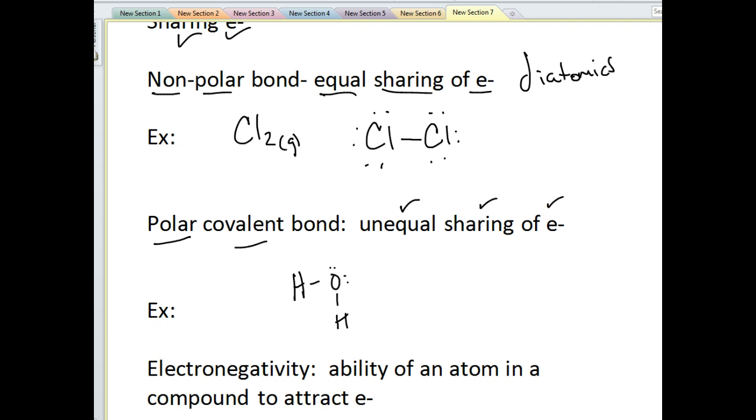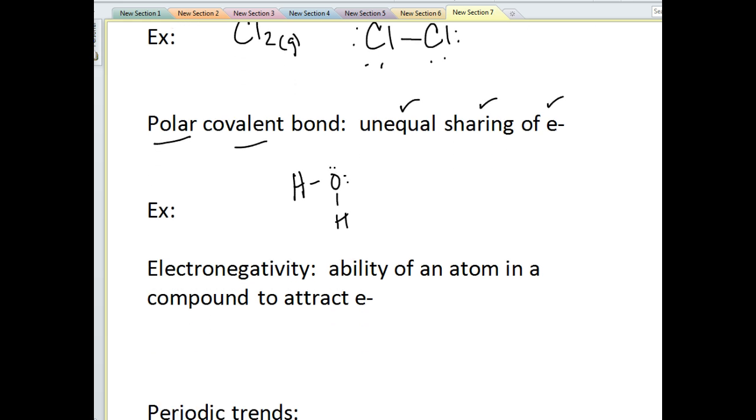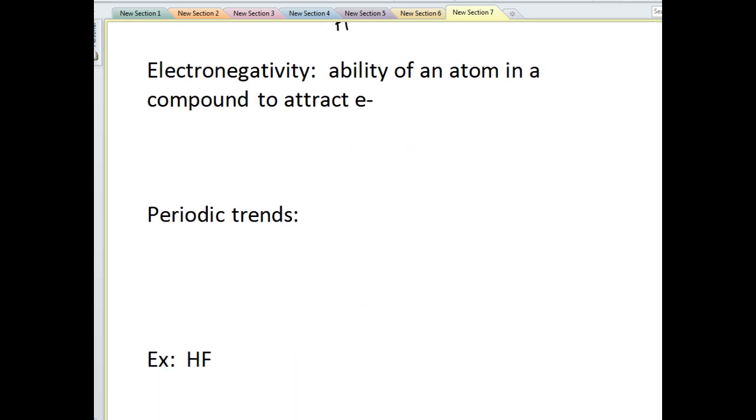The big reason why unequal sharing of electrons occurs is the idea of electronegativity. Electronegativity is the ability of an atom in a compound to attract electrons. So this is our big thing that we're going to be looking at. We mentioned it a little bit in the video we had yesterday.